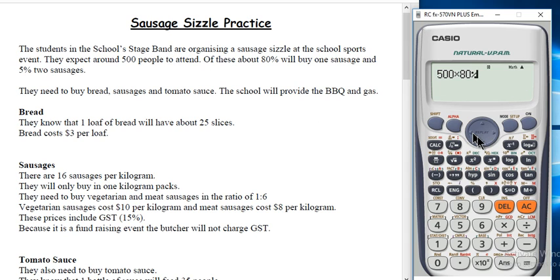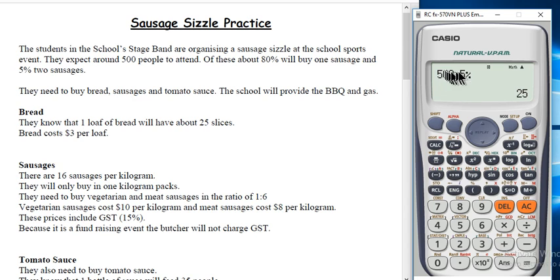So if I go back there and put in 5% and then hit equals, you get 25. You might be able to even do this in your head. 10% of 500 is actually 50, and so 5%, which is half of that, is 25.